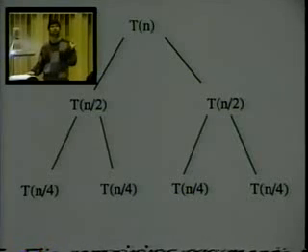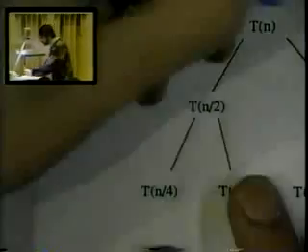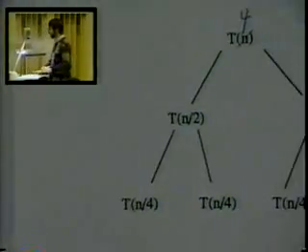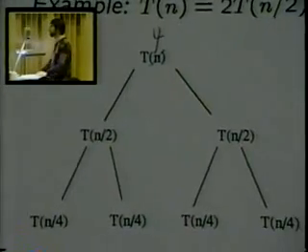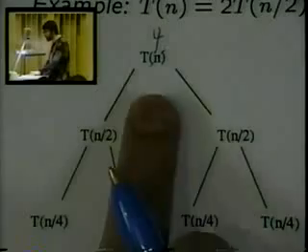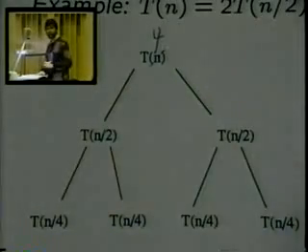How many people believe the tree has n leaves, or see why that is? Most people. How many people are still confused by that? Okay, a couple of people. If you don't believe it, draw the picture and plug in numbers. Suppose n was equal to 4. How many leaves does a tree with 4 things have?